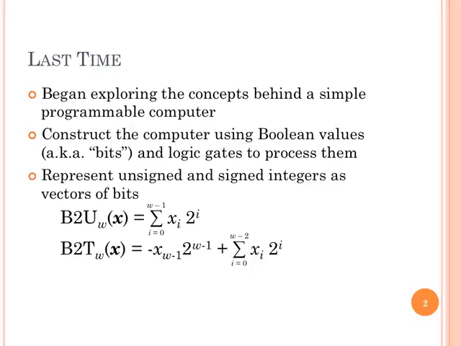We actually had the representation I have here on the slides to represent signed and unsigned integers. So B2U was a way of converting a bit vector into an unsigned int, and B2T was a function for converting a bit vector into a 2's complement signed integer.